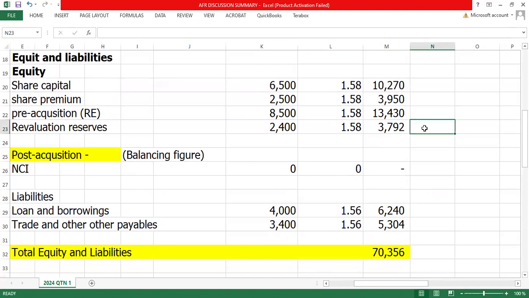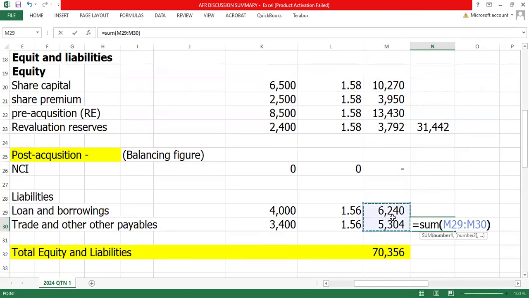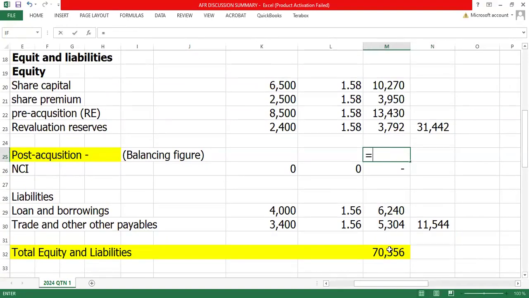Let me first confirm here when I add. I think there is no error. So when I get the balancing figure, I get this minus this. Or another option is to say this one plus this one. We had this.